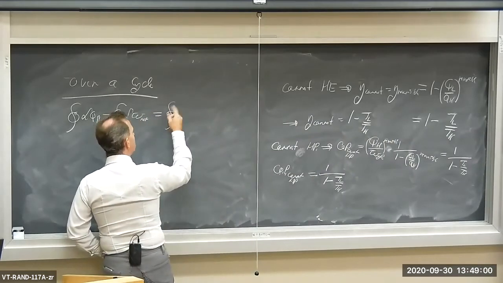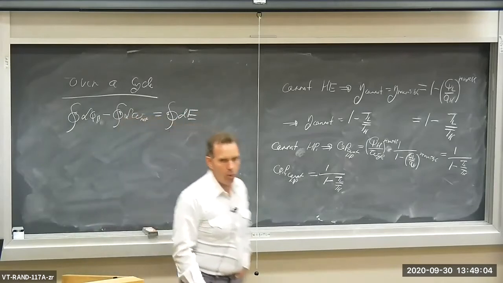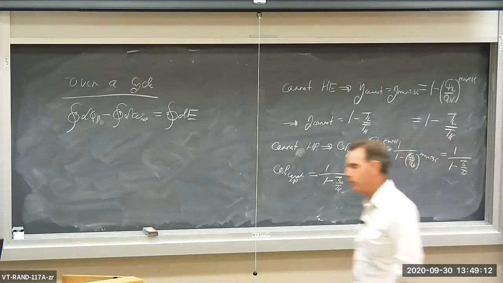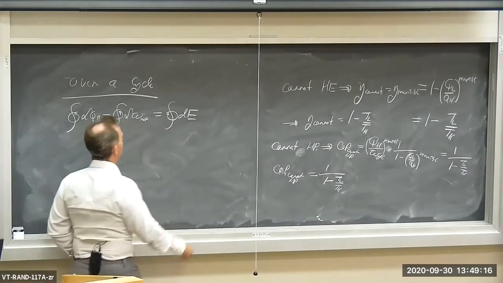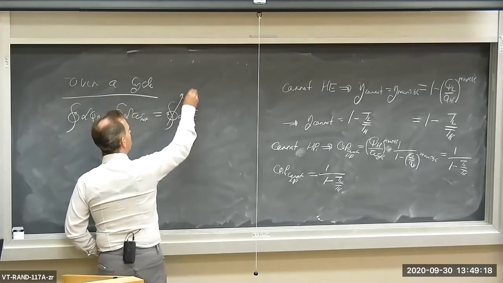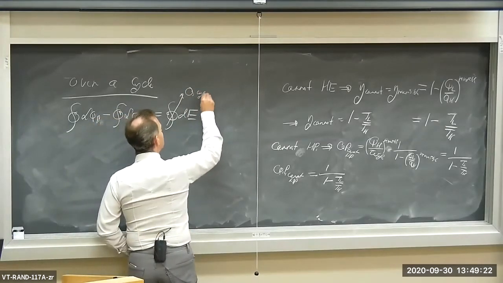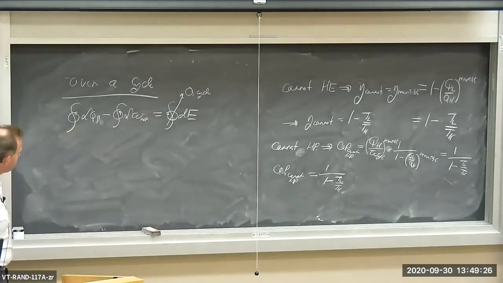So again, this loop on the integral means a cycle. What's the total change in energy, which is a point function, over a cycle? What's the change in any point function over a cycle? 0. It's a cyclic process, so that's 0.